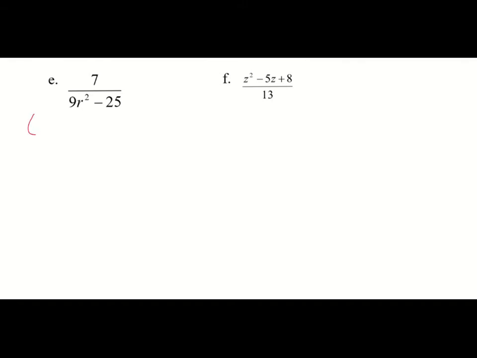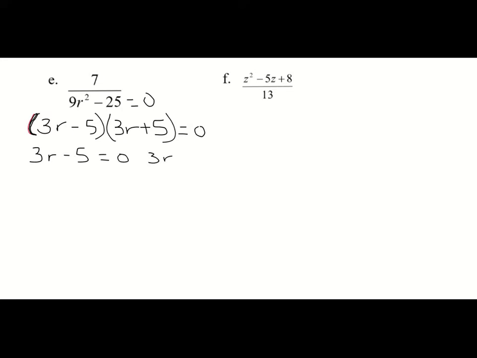So remember, it will factor to 3r minus 5 times 3r plus 5. And we're going to make it equal to 0 because that's what we're solving. So then I'll set each equation to 0. So 3r minus 5 equals 0. And 3r plus 5 equals 0.